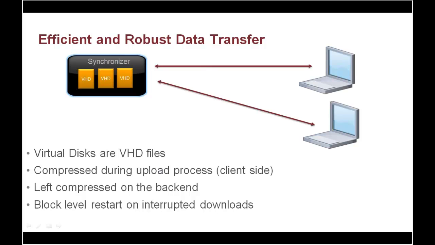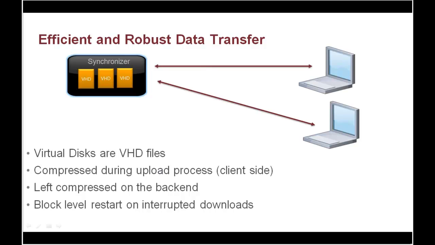So we're always trying to use distributed CPUs so that we can keep a real lightweight backend. Anytime an administrator is uploading a new image or an update to an image, or when the users are uploading their backups, which happens in the background, we compress it all, and when we send it to the backend, we leave it compressed. In the case of backups, hopefully you're not going to access that stuff too often, but you always want it around. We leave it compressed to save on disk space.